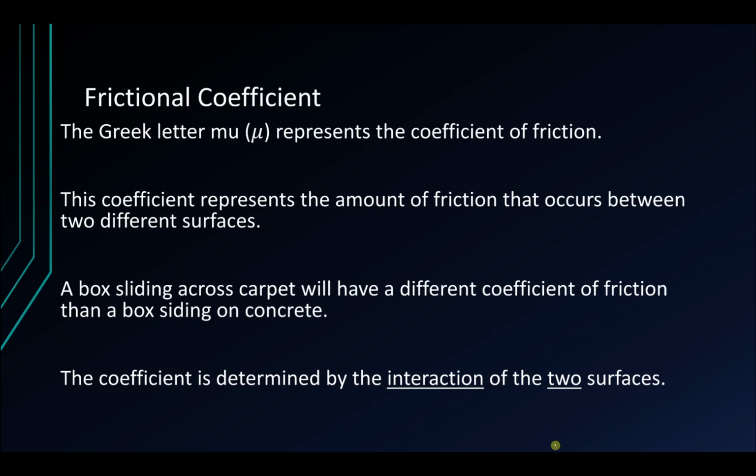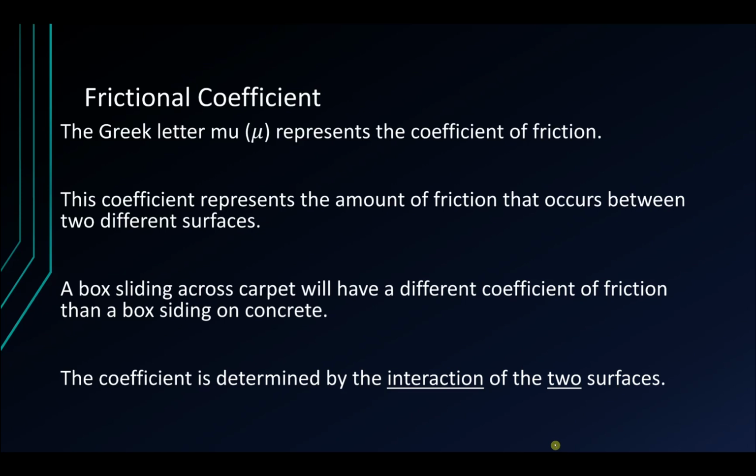So the coefficient of friction just represents the amount of friction that occurs between two different surfaces. I think it's really important to note that an object by itself does not have a coefficient of static friction. This is not an intrinsic property of an object. It is the interaction of two surfaces that determines the coefficient of static friction.